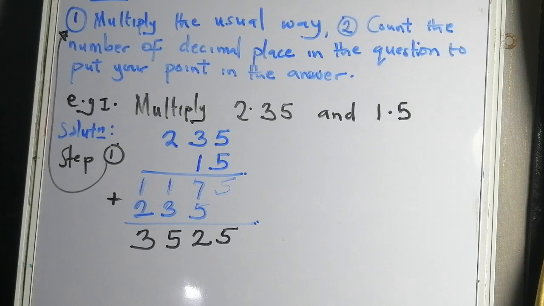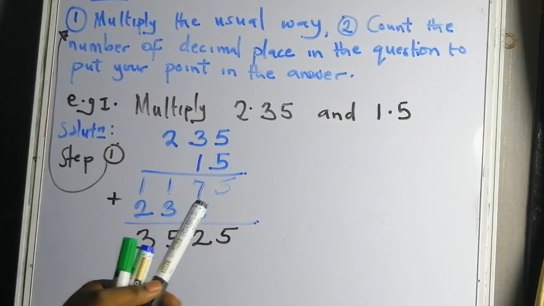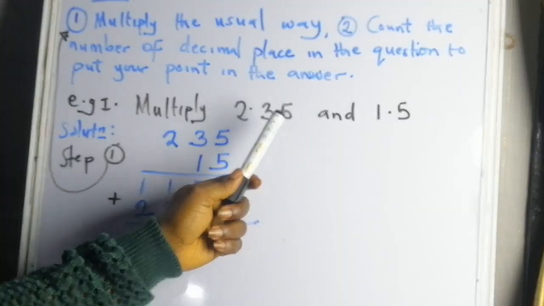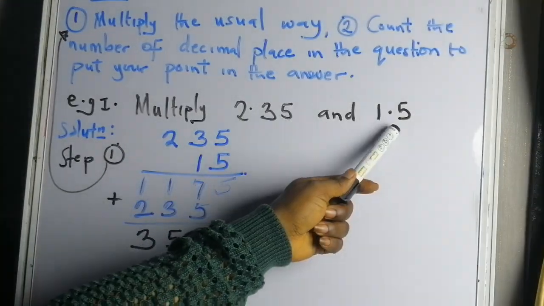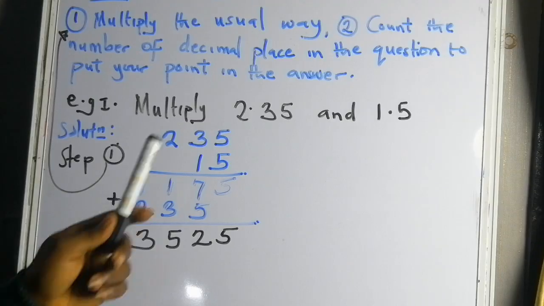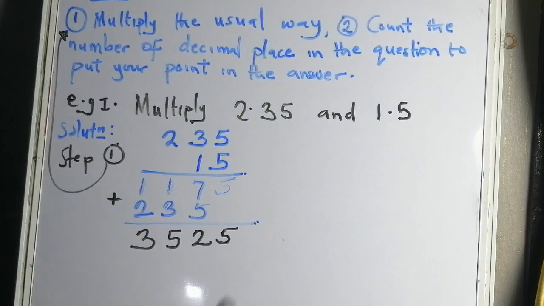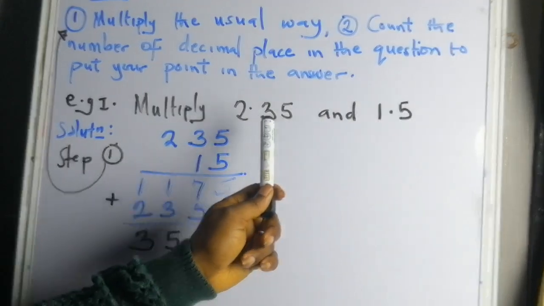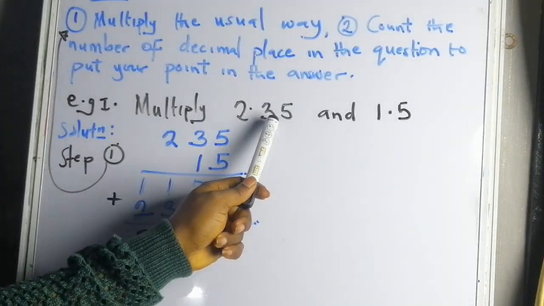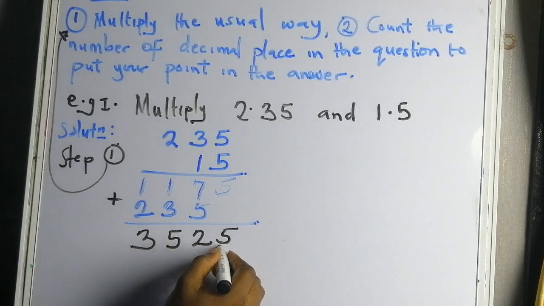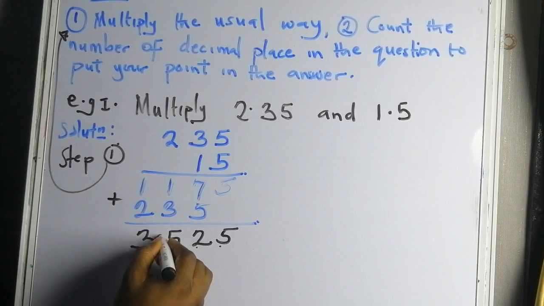Let's go to the question again. From 2.35 there are 2 decimal places, 1, 2. From 1.5 there is only 1 decimal place. That is 2 plus 1, that is 3. So what you just need to do, come to the answer, count 1, 2, 3, and put your point.